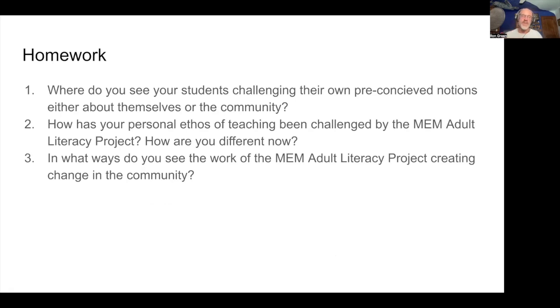And number three, in what ways do you see the work of the MEM Adult Literacy Project creating and facilitating change in your community? In what tangible ways? Not what do you hope for? What ways do you already see that it's happening? Even if it's very, very, very small. What small, what big changes can you identify just because this project exists?